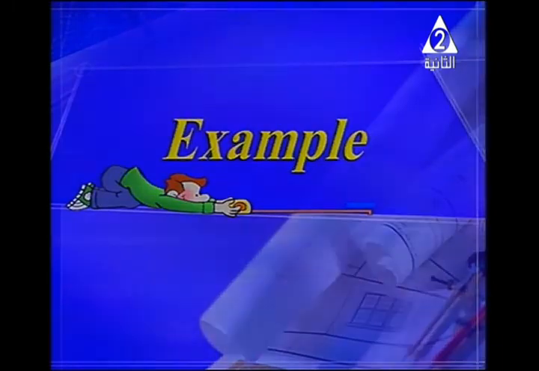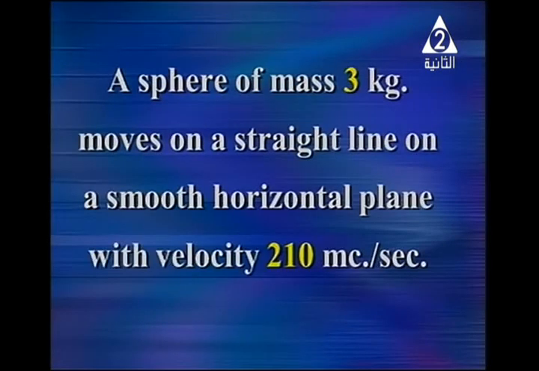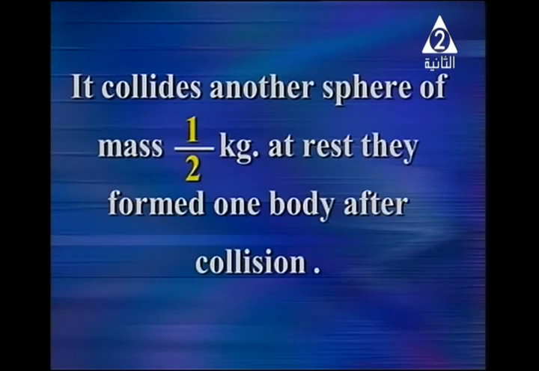Another example. A sphere of mass 3 kilogram moves on a straight line on a smooth horizontal plane with velocity 210 meter per second. It collides with another sphere of mass half kilogram at rest. They form one body after collision.